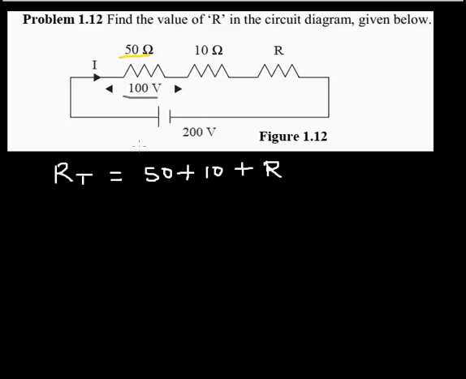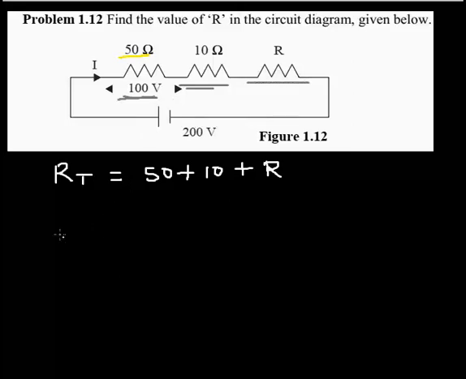So if the voltage across 50 ohm is 100 volts, then I can also find the voltage across 10 ohms. Then that way I will be able to subtract the total voltage from these two voltages. That will give me the voltage across the resistance R. Okay, so let's do that already.